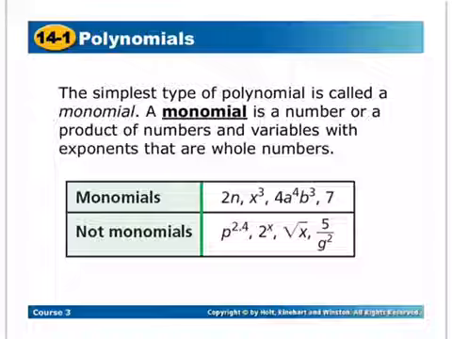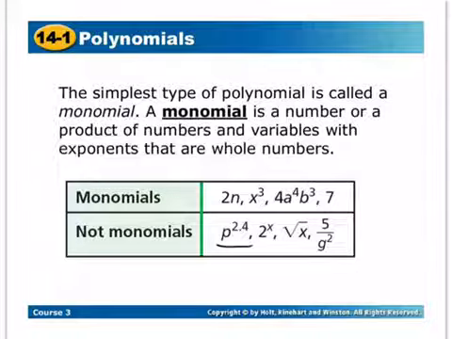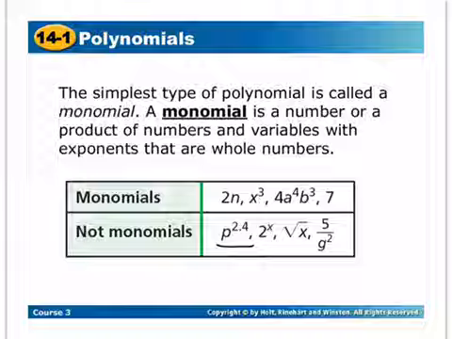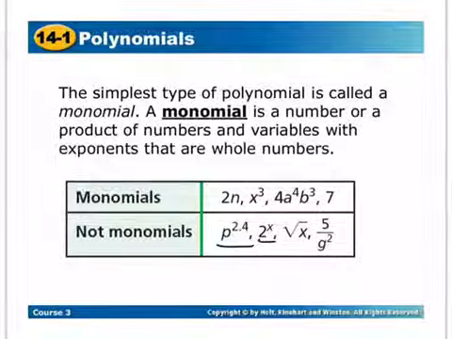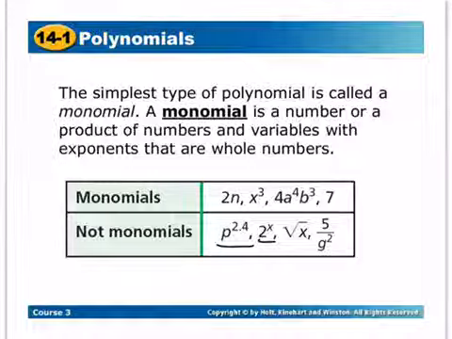Now, things that aren't monomials are things like p to the 2.4. If the exponent is not a whole number, then it's not going to be a monomial. If the exponent is a letter, that means it could be anything. It could be a positive number, a negative number, a decimal. So it can't be a monomial.